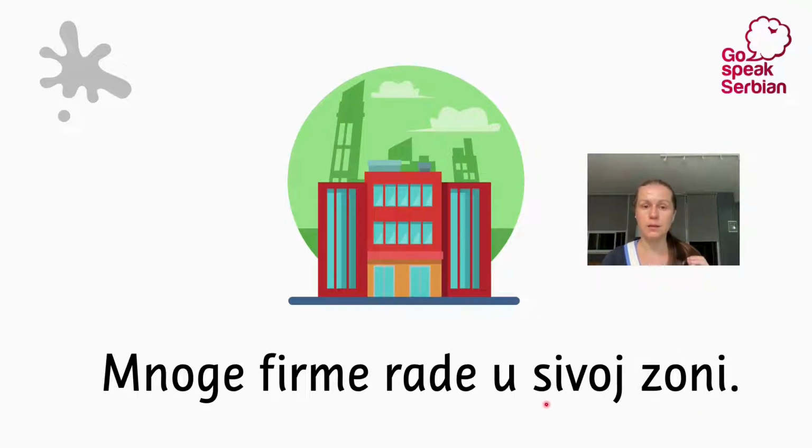When we say siva zona, or you can also hear siva ekonomija, gray economy, this means that this is something that is happening outside of law and for the sake of personal gain. So when we say mnoge firme rade u sivoj zoni, this means many companies are trying to work illegally or to avoid law.